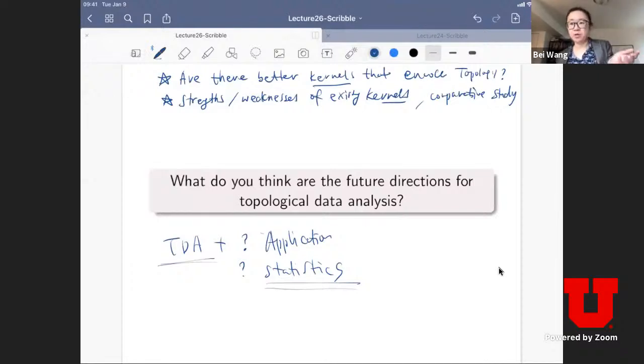There are other examples, like I said, time series analysis. I still think there's a lot of space in that direction, right? Because what TDA does that is different from signal processing is that signal processing typically just treats the one-dimensional signal as a one-dimensional signal and applies different kinds of filters, Fourier analysis, and so on and so forth.